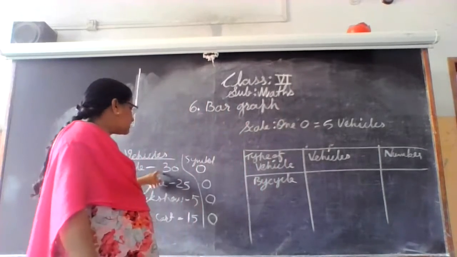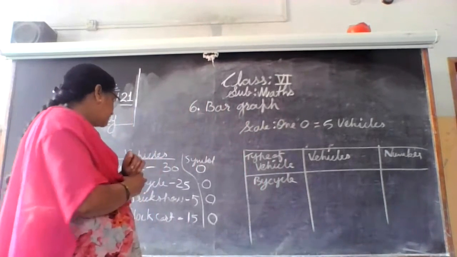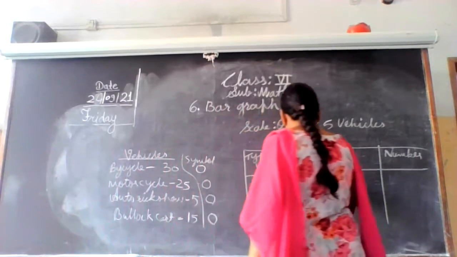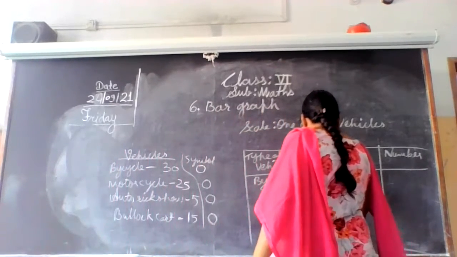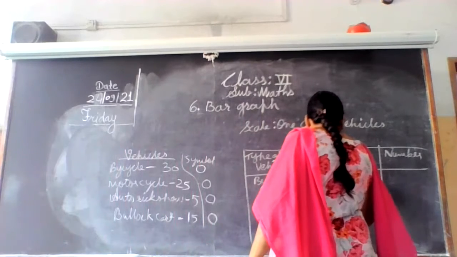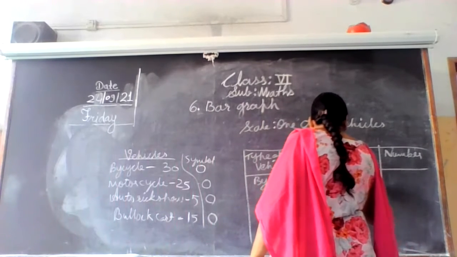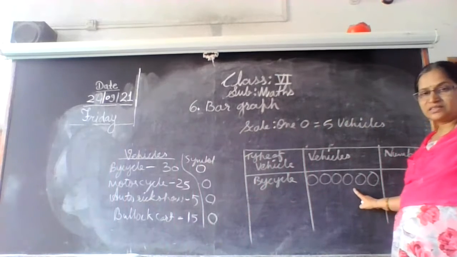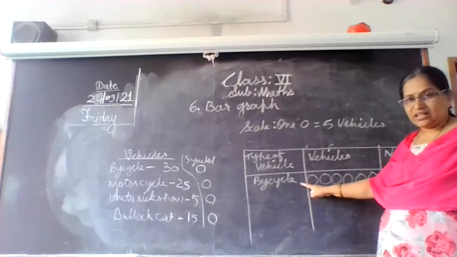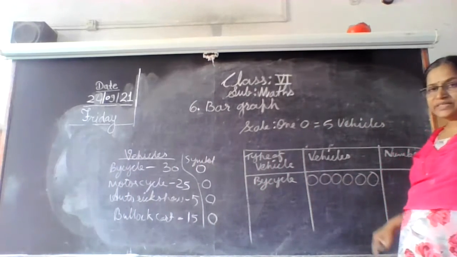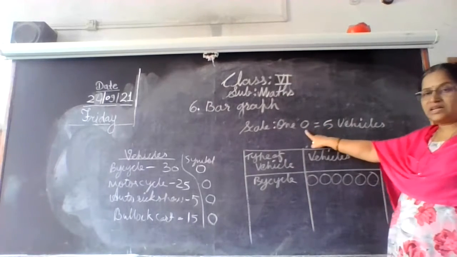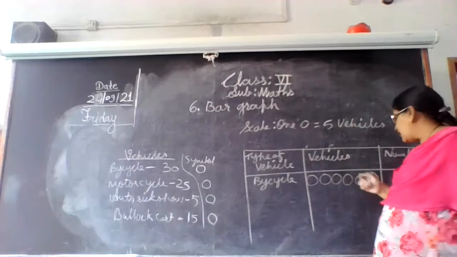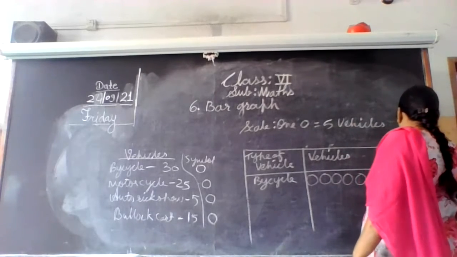So if you divide this 30 by 5, what do you get? 6. 1, 2, 3, 4, 5, 6. So here I draw 6 circles for bicycle. So how many total bicycles are here? One circle is equal to 5, so 6 times 5 is 30.